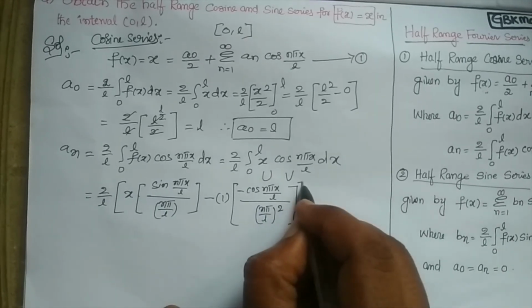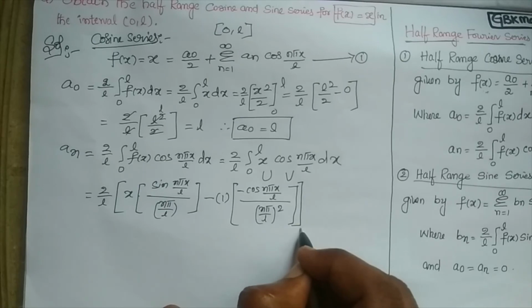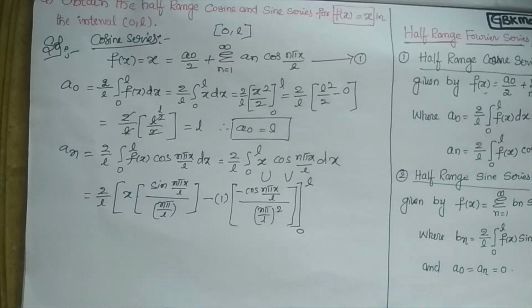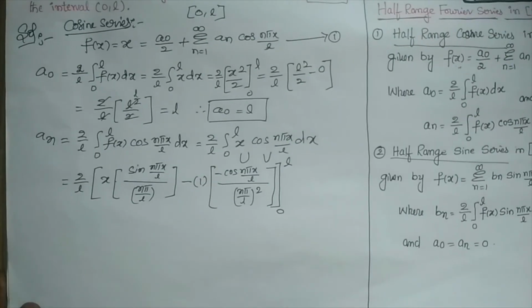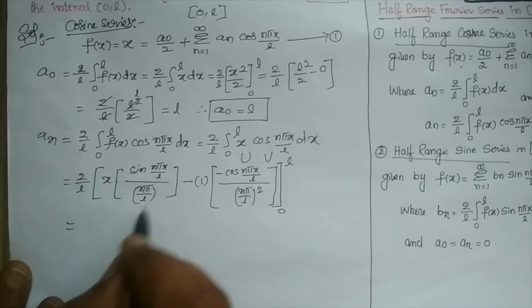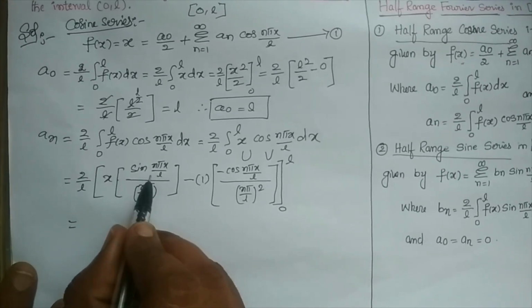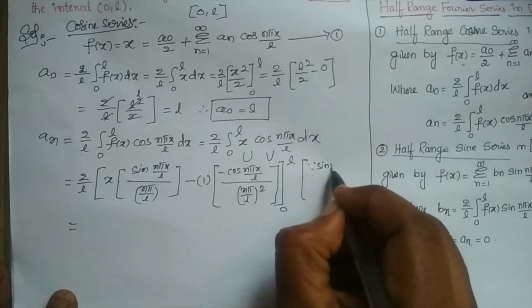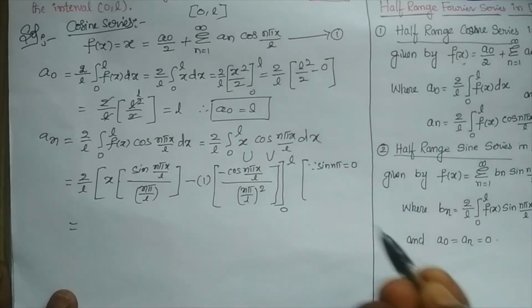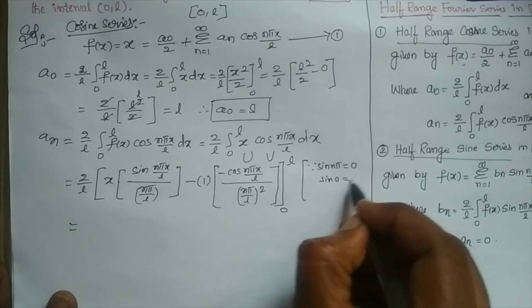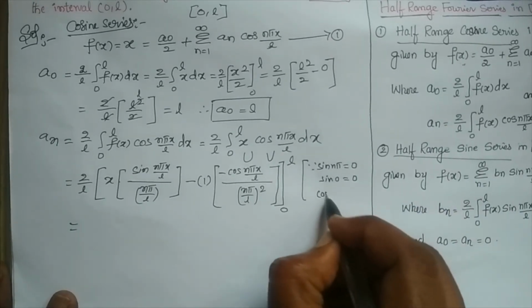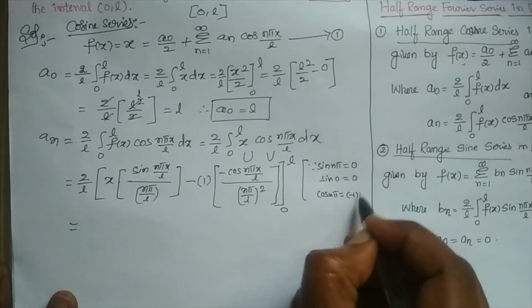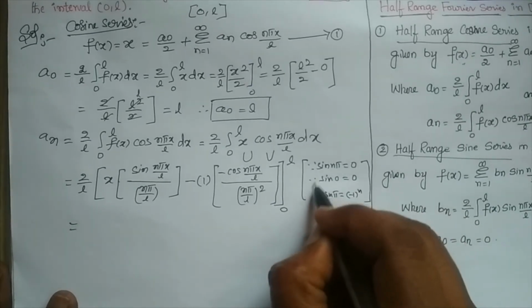This is the last term because the next term will be 0, with limits 0 to L. I can neglect the sine terms here because sin n pi is 0 and sin 0 is also 0. Keep these formulas, cos n pi is minus 1 whole to the power of n.